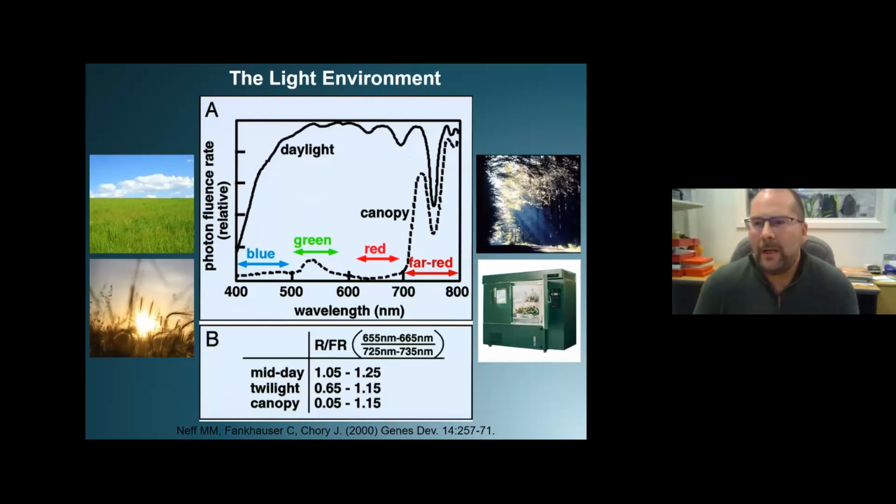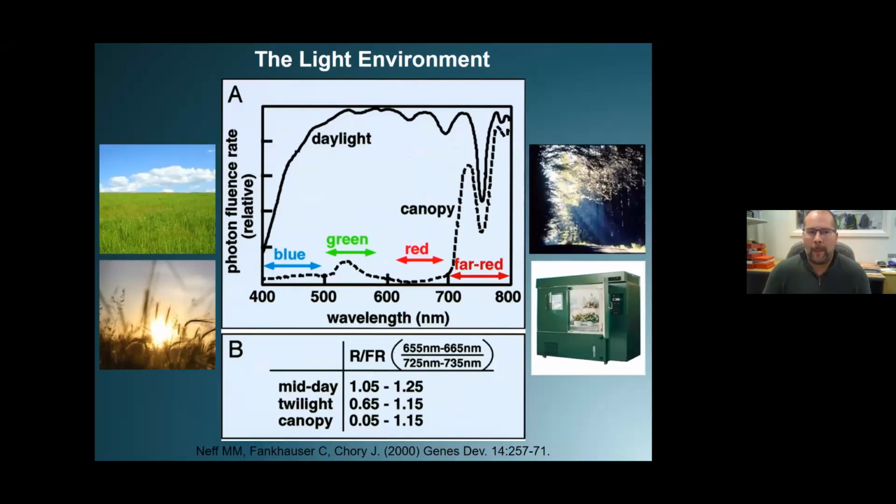And why would plants respond to the light environment? Well, again, hopefully as plant scientists, we appreciate that the light environment is dynamic. So, it can change across the day, of course. So you can have periods of low light and periods of high light. It changes across seasons and it changes upon your local environment as well.